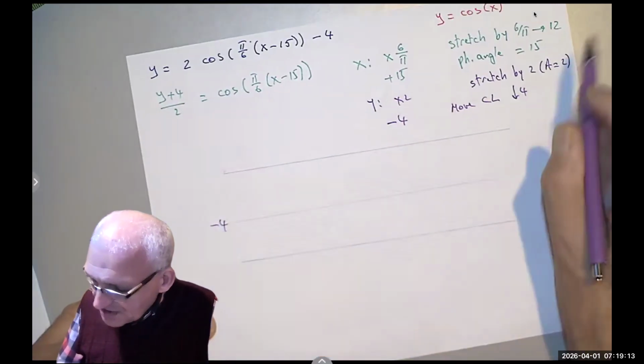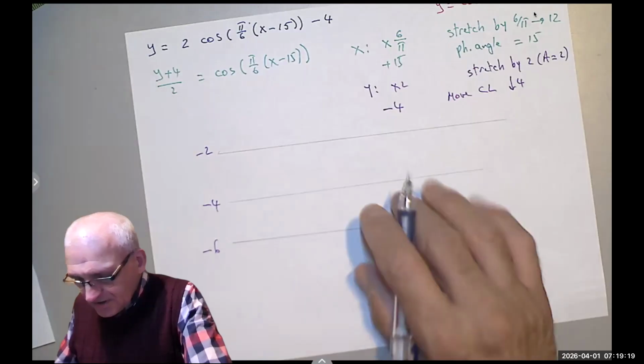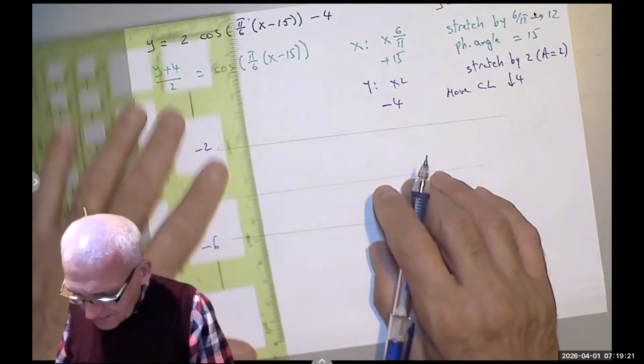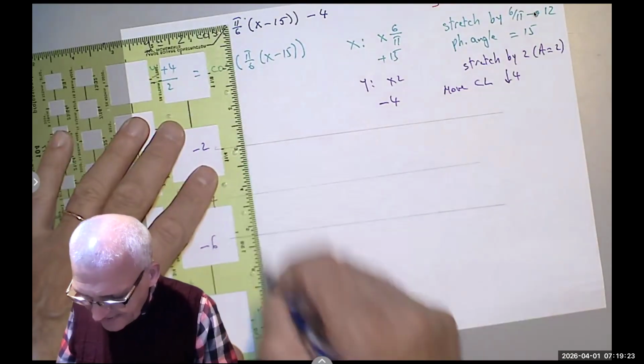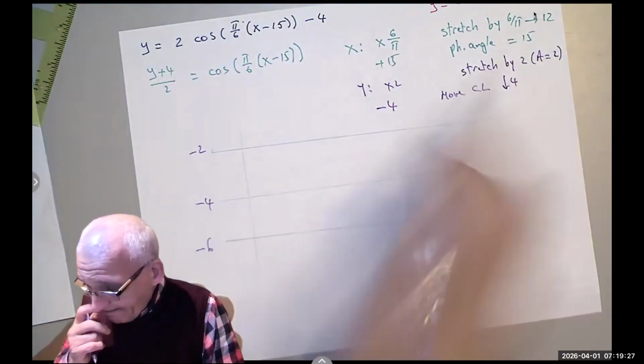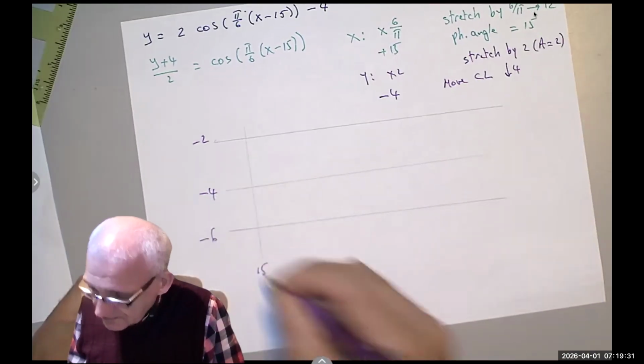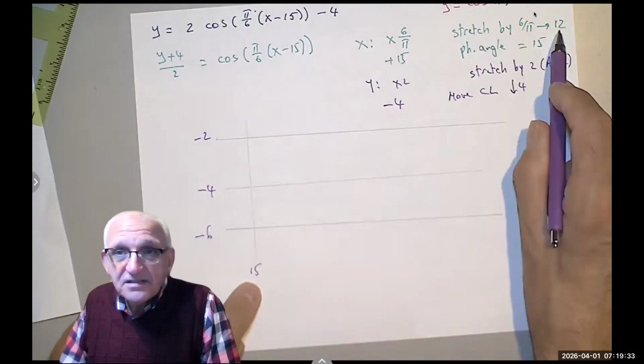And the amplitude is 2. So you add 2 to -2 and subtract 2 to -6. I'm not starting from 0. I'm starting at the phase shift. And the phase angle or the phase shift is 15. So it's 15. And the period is 12.